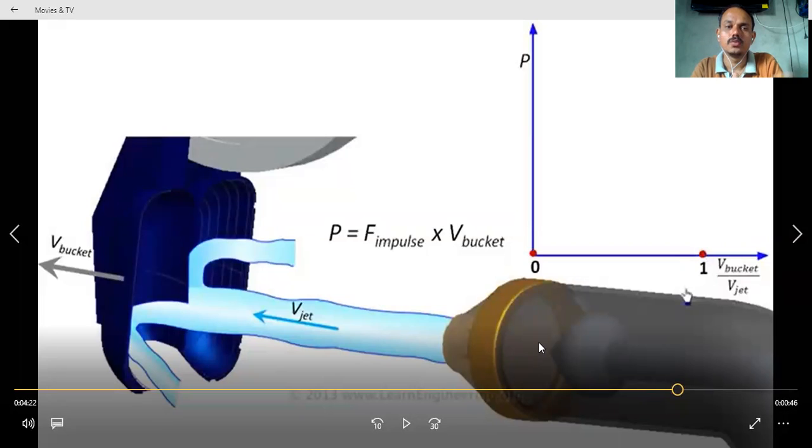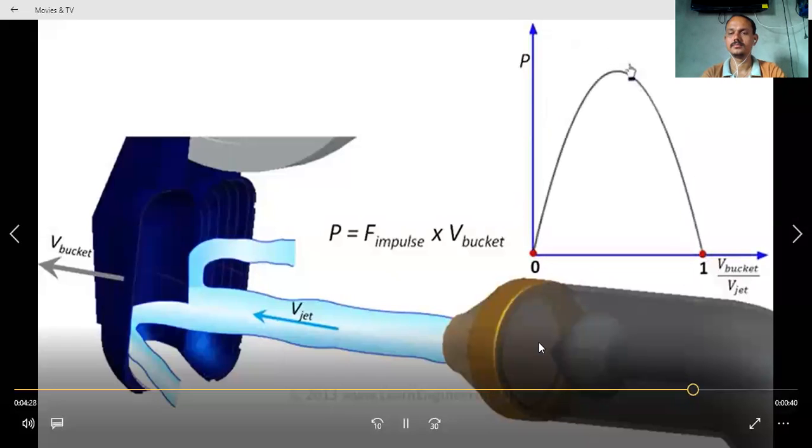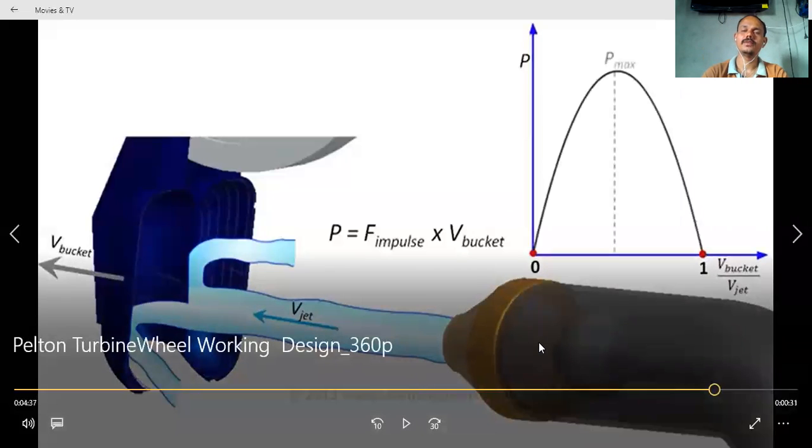Whirling velocity is also there, but it is not our part, so leave it. We only see how it works. This graph is also related to this. So the working of the Pelton wheel is very simple. Is anyone having any doubt in that?